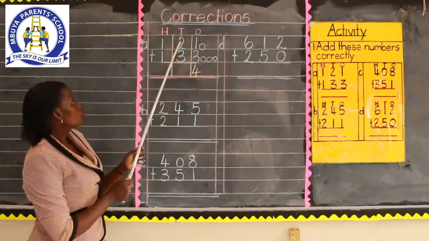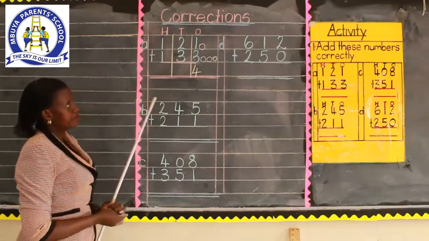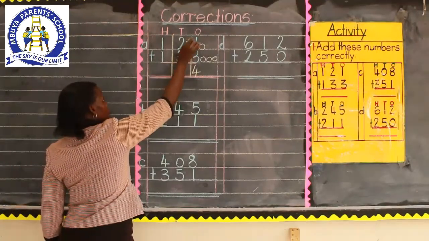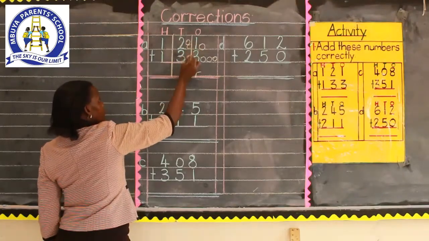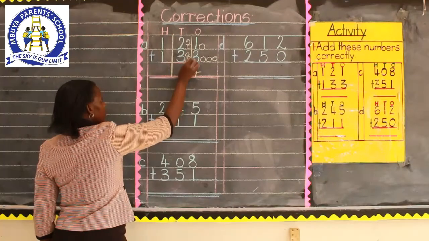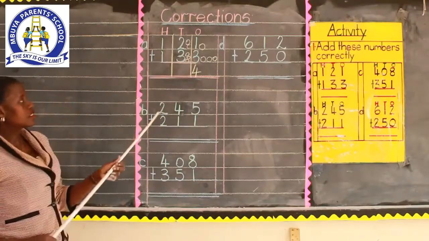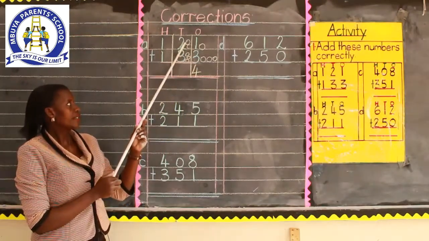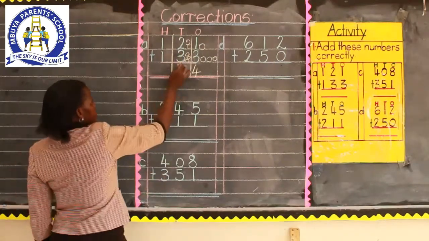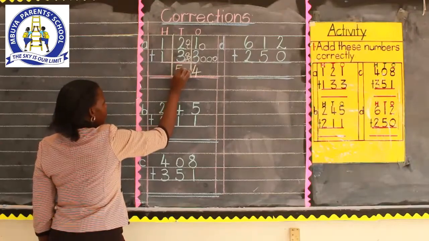Tens, we have 2 plus 3. We draw balls as well. Here we draw 2, 1, 2. Here 3, 1, 2, 3. So we count all the balls. 1, 2, 3, 4, 5. Under tens we have number 5.